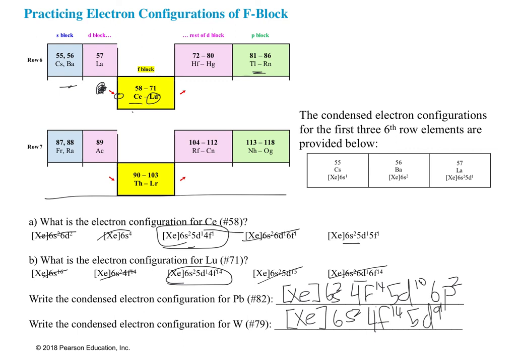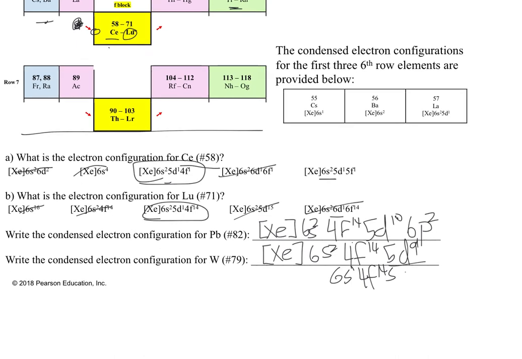And then what this ends up actually turning to, since this is so close, is that 6s2 goes to 6s1, and then we'll get 4f14, and then 5d10 to fill that D block.